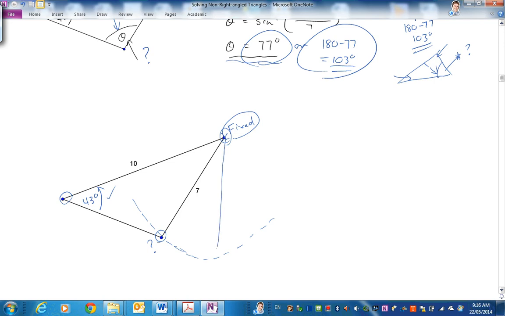So coming down here, let's have a look. Would this, oh yes, there's our problem. When you specify 43, 10 and 7 in that way, where the angle is opposite that 10, the biggest side, you could get that one, which is our 103, or it could have been this scenario.